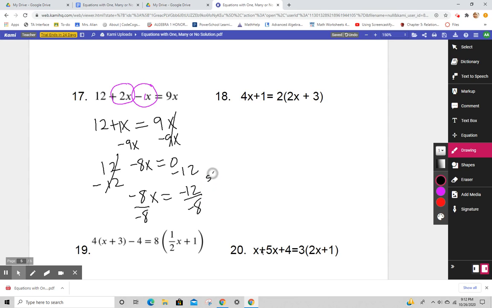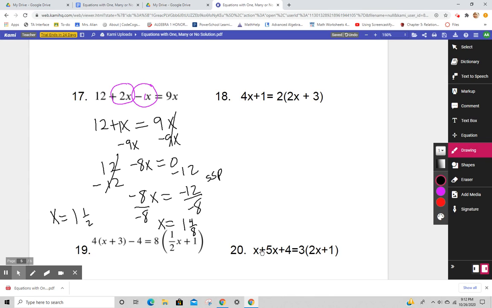Okay, this is going to be SSP, same sign, positive. Okay, 8 goes into 12 one time. When we take 8 from the top, we're still left with 4 over 8. But this simplifies to x equals 1 and 1/2. So we have one solution here. And that's x equals 1 and 1/2.